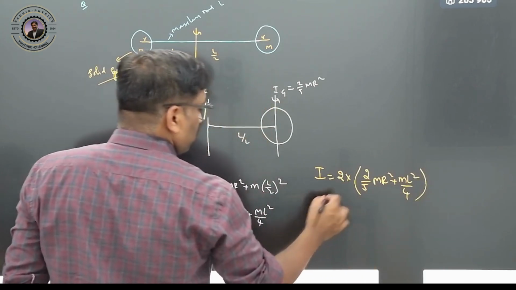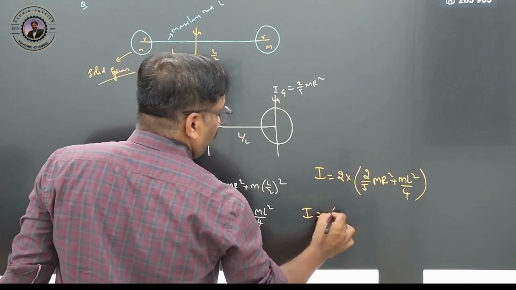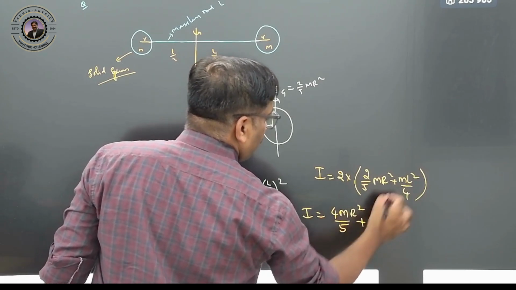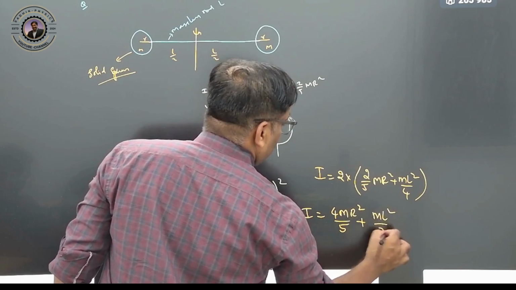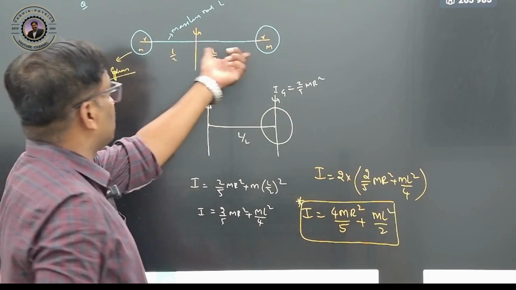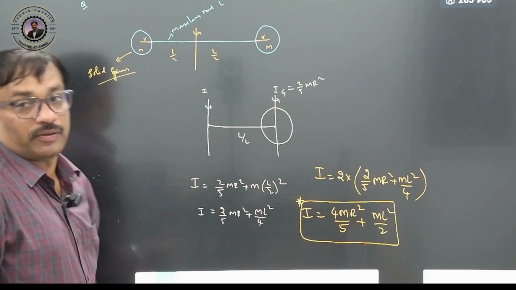Clear? Multiply it now and you get your answer: 4 mr square by 5 plus m L square by 2. This is the moment of inertia of these two spheres connected by a massless rod.